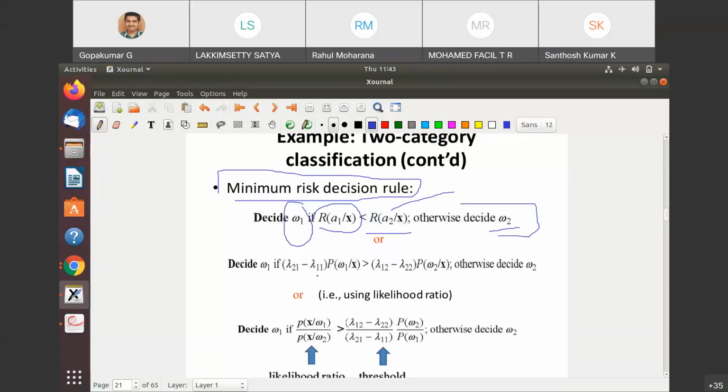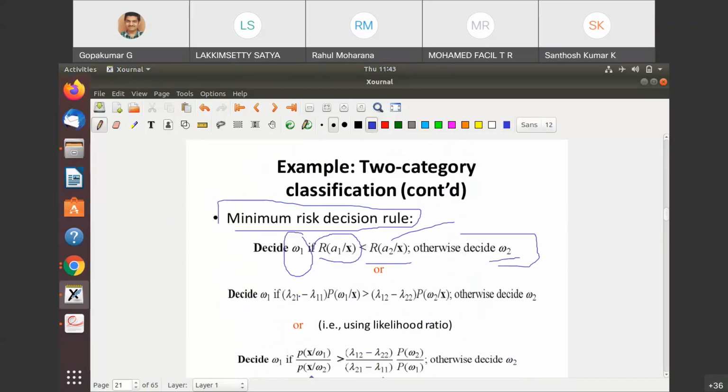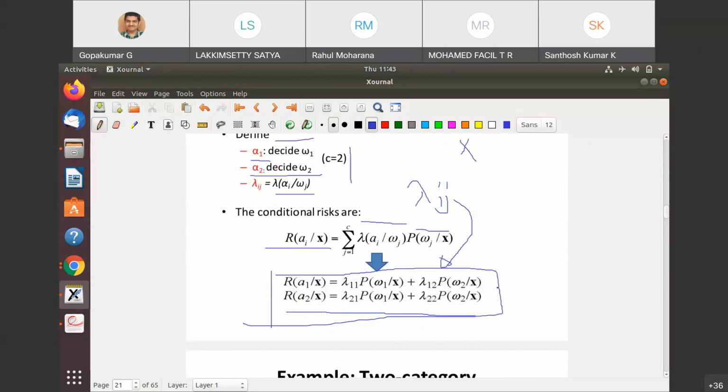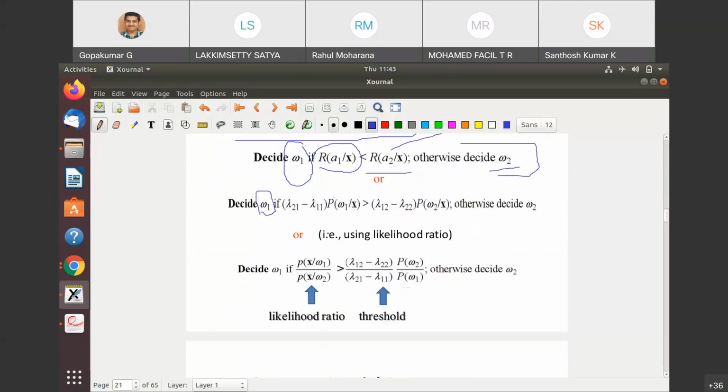In another way, using the previous equation, we can rewrite the above decision rule in this fashion, by rearranging these two equations. That is, lambda 21 minus lambda 11 times the probability of w1 given x is greater than lambda 12 minus lambda 22 times the probability of w2 given x.